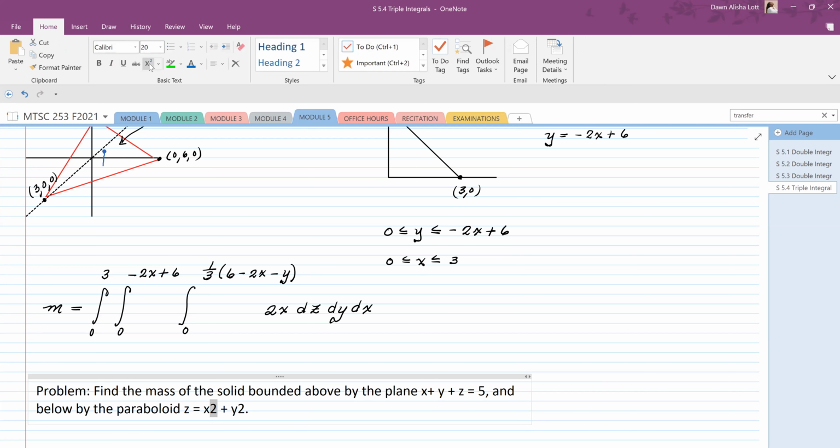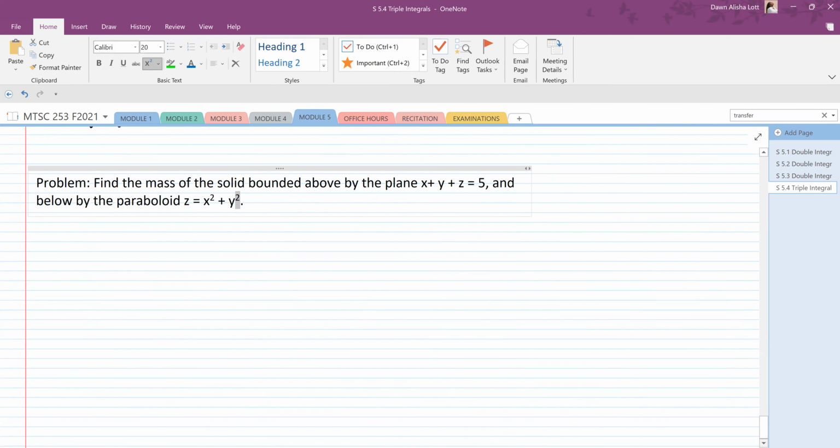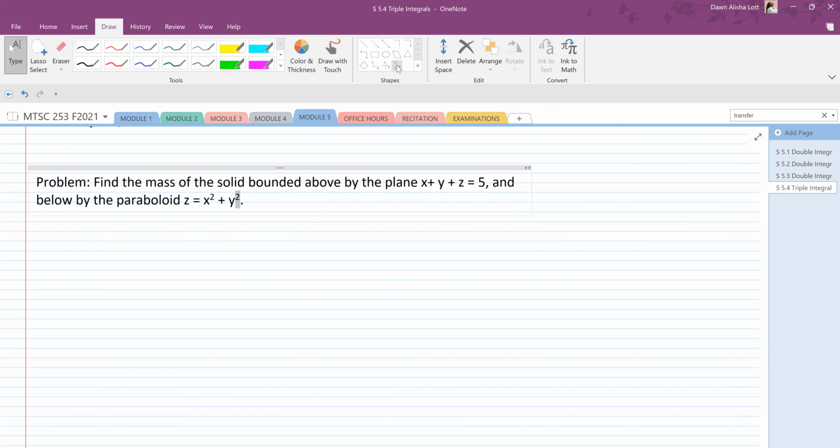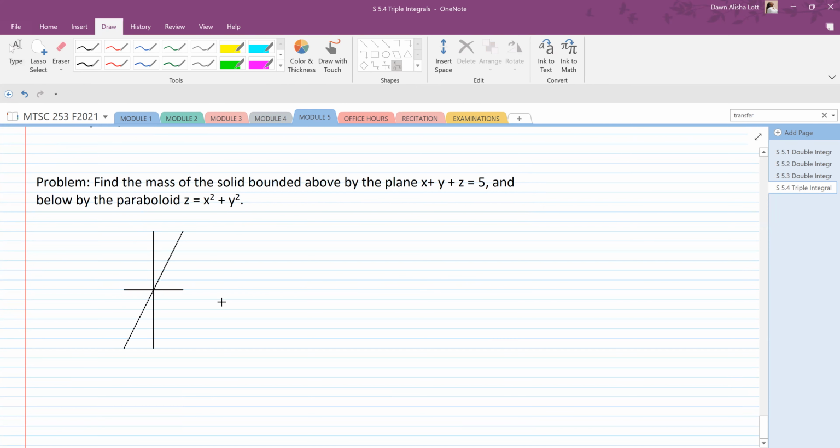Okay, so the reason why I said let me give you a headache is because I haven't told you how these intersect. So all you know right now is you have a paraboloid like this, and then there's some plane cutting through it.